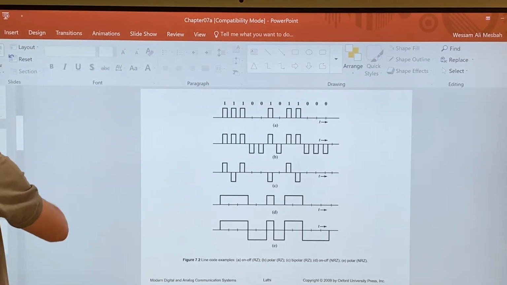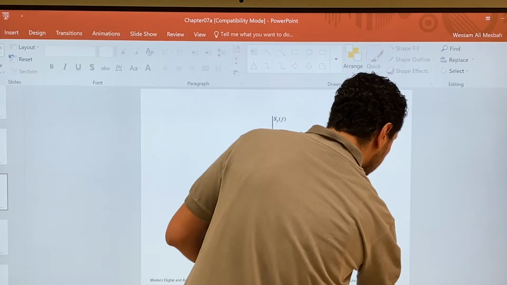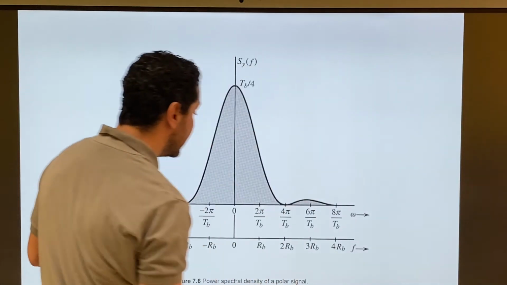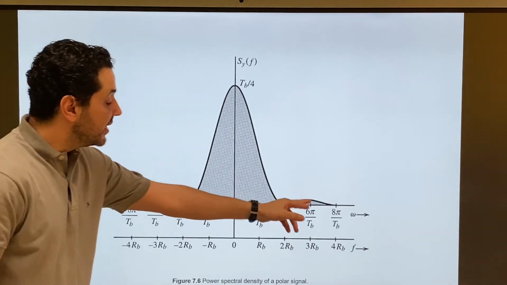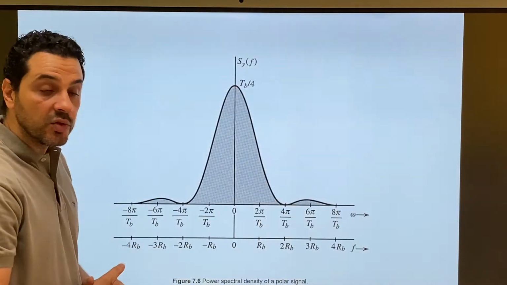For example, here, this is the power spectral density of the polar signal. You'll find that it is a sinc squared. It goes from minus infinity to infinity.